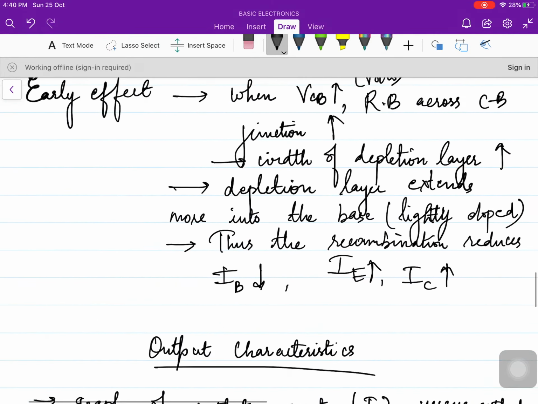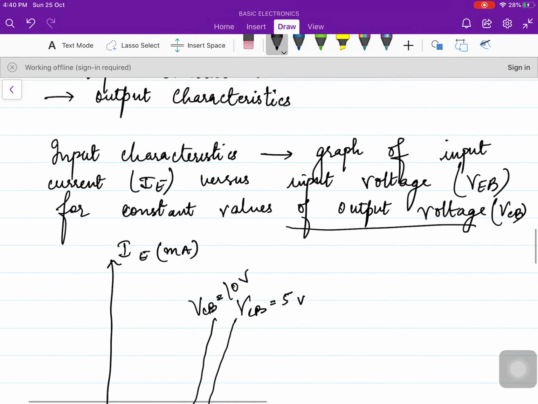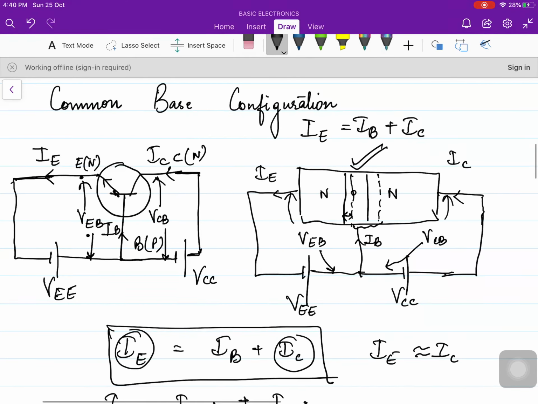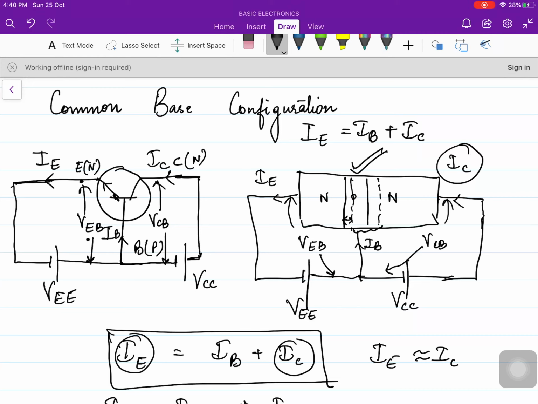And now let's go back to the circuit to understand it clearly. Look at the right hand side circuit. Here, if you reverse the collector base junction bias, that means if you reverse the battery, that is VCC, what will happen? The electrons that were coming from the emitter will now be repelled, and the collector current direction that is shown here will be reversed, because all the electrons will now be repelling.